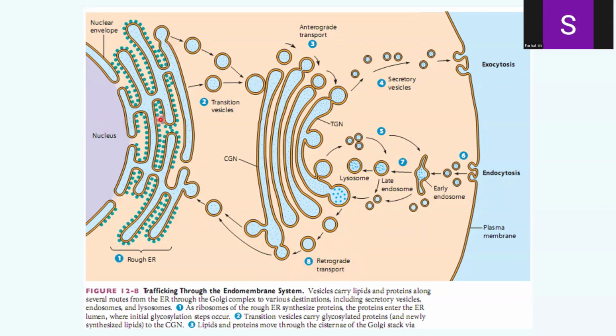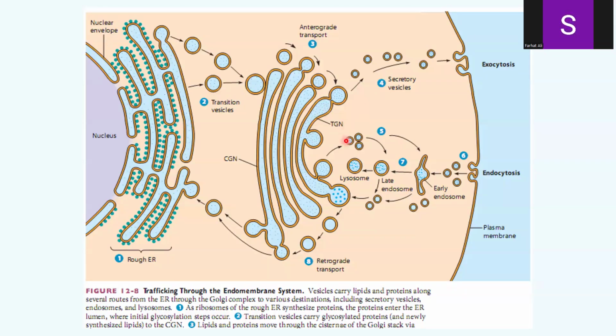The process of movement is shown here: this is a rough ER, and then there is smooth ER. The proteins, lipids, and carbohydrates are packaged into vesicles. These transition vesicles then fuse with the cis Golgi network, and the modifications are done, and eventually the products exit from the trans Golgi. If the protein is to be secreted out of the cell, then it is packaged into vesicles called secretory vesicles, and exocytosis takes place.